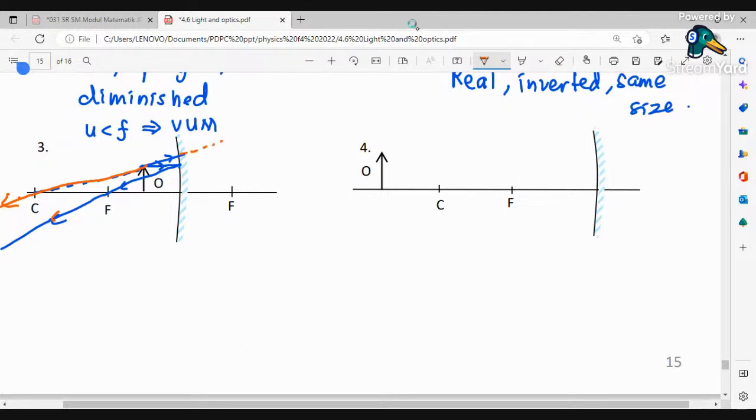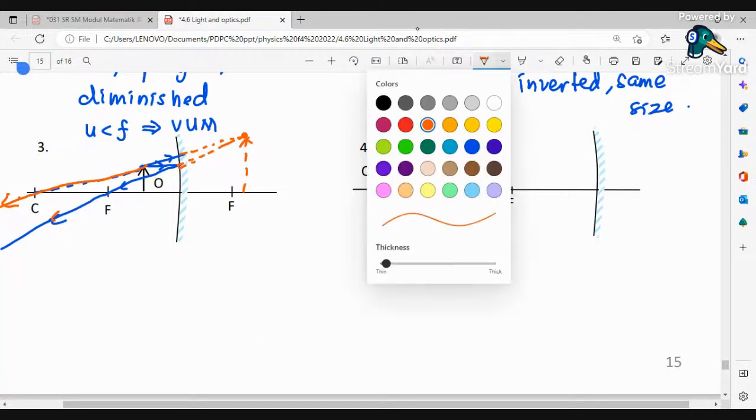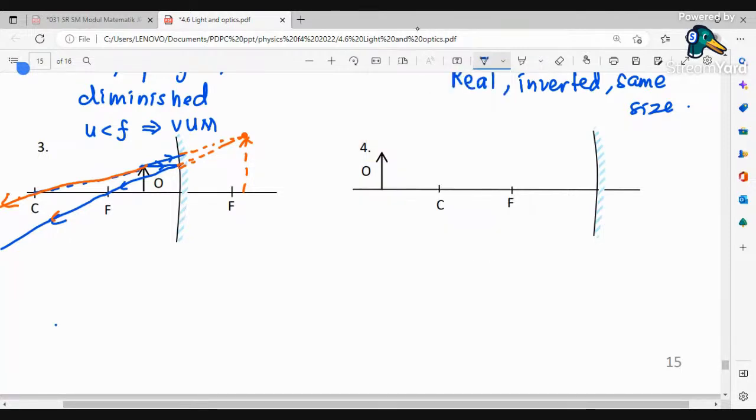So what you do is extend them. So they will meet here, and the image is formed here. The image characteristic is virtual, upright. Right? So if you know these characteristics, you have memorized them.